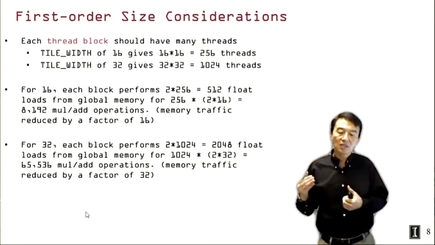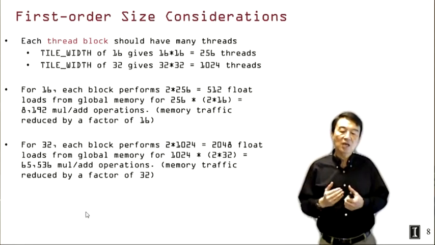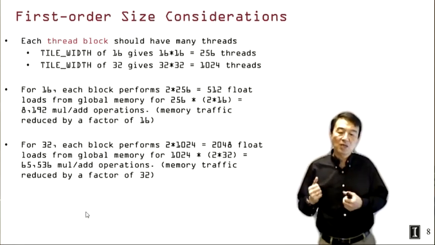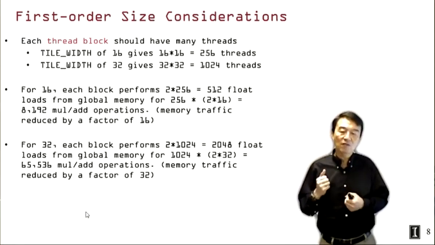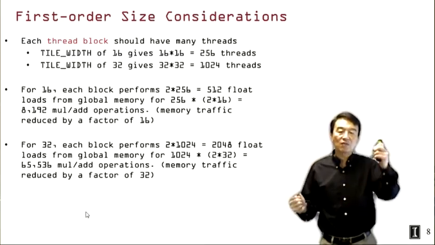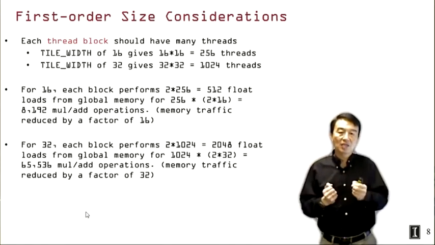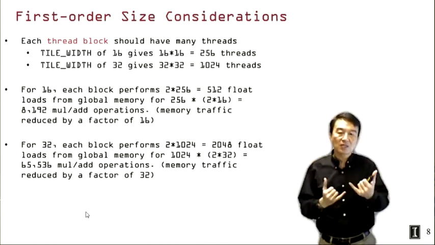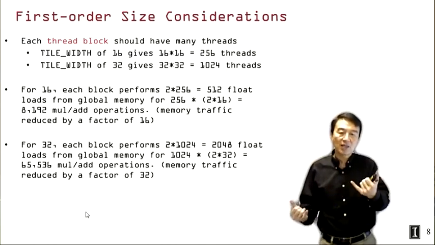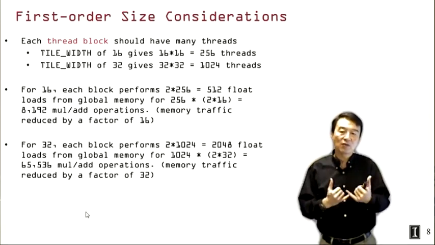For tile width of 16, each thread block will perform 256 loads for A and 256 loads for B. So these are all the loads that we need to do in order to load the two tiles, one for A and one for B, into the shared memory for each phase of the execution.